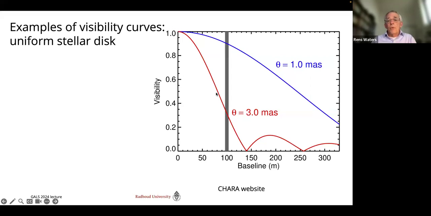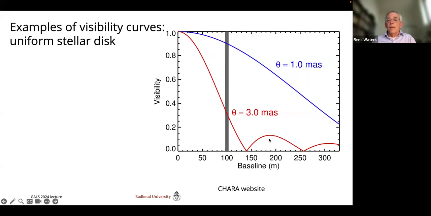And here the object is so large compared to your interferometric baselines that you can not only resolve it completely and go out to what we call the first null, but you can also see these other lobes, the first and second lobe, and these contain information about, for instance, if your object would not be uniform, but would have a non-uniform surface.